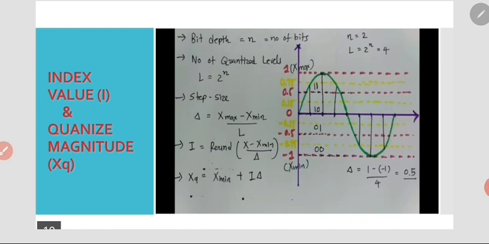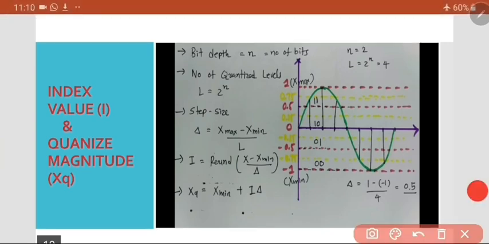Let's take one sample x which has the value of 0.707. Now, how the value of x is taken, I will show you in this diagram. For the value of x, we take the first sample over here, the value of x which is nearby 0.707.